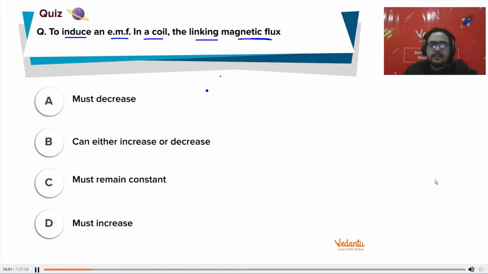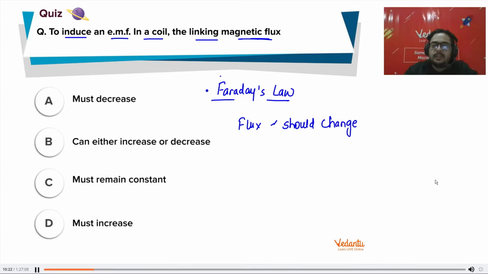So let me revise it for you. If you want to generate EMF, then according to Faraday's law, flux should change. This is the only thing that is important.